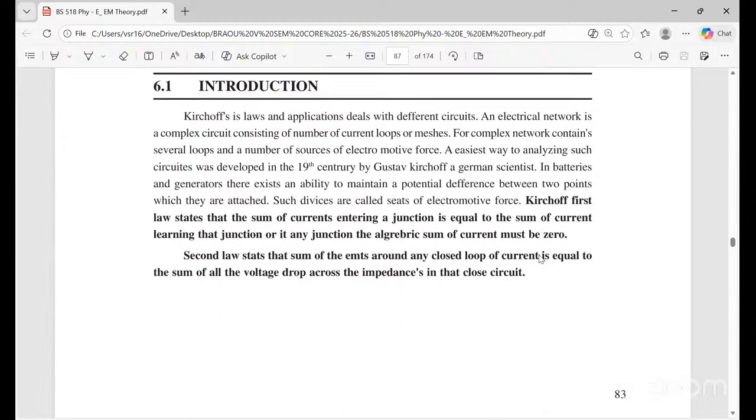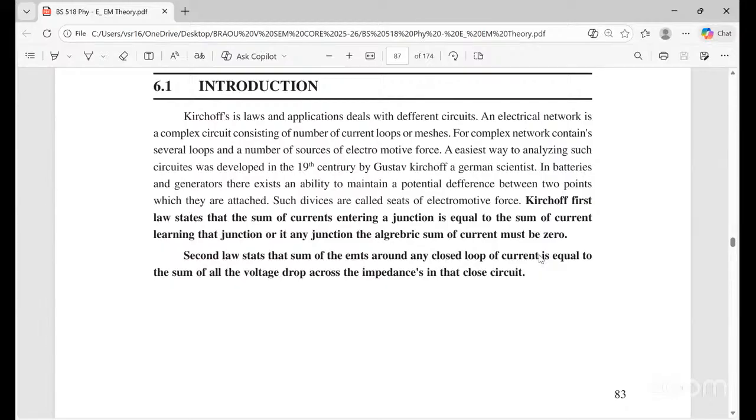A little bit of knowledge is required to understand these Kirchhoff laws. Why do we need them? These laws are applied in dealing with different electrical circuits.